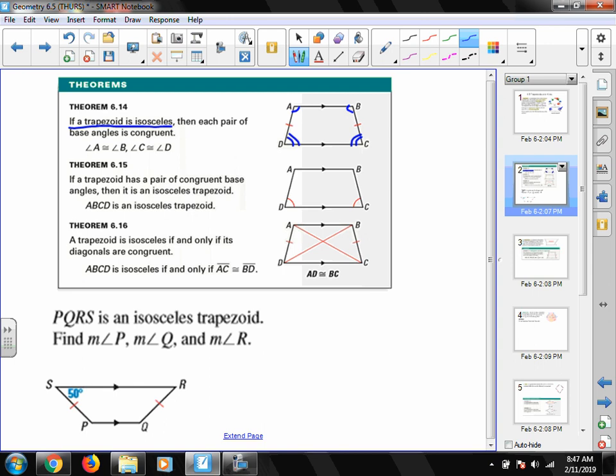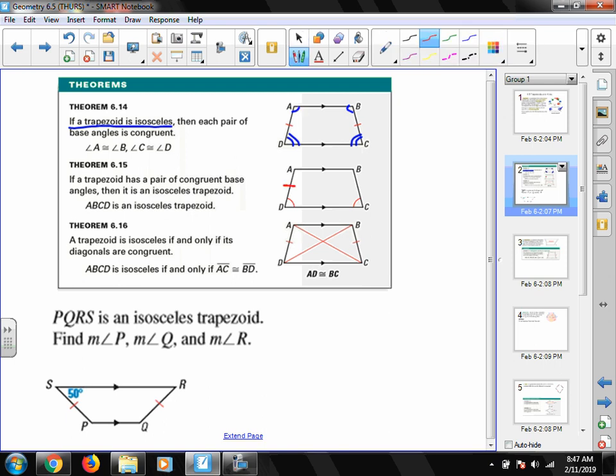Then, theorem 6.15: if a trapezoid has a pair of congruent base angles, then it has to be an isosceles trapezoid. Since I'm given off to the right here that angle D and angle C are congruent to each other, that is enough for me to say that ABCD is an isosceles trapezoid.